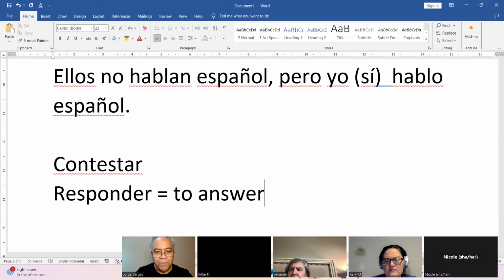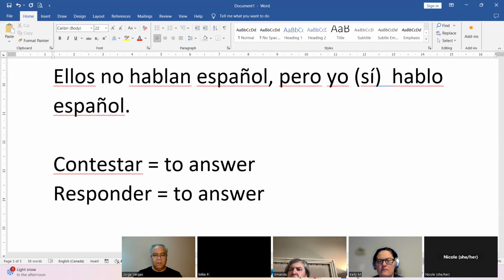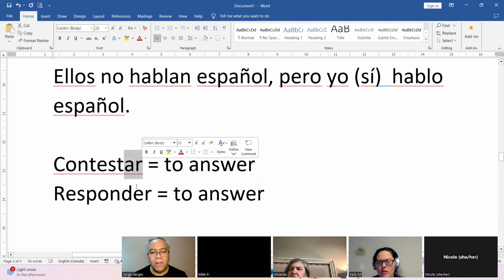It's an ER verb. So don't be tempted because you did so well with contestar. Yo contesto, tú contestas, usted contesta, etc. Responder, to answer. Contestar is also to answer. So we have a synonym, contestar, responder. Both are interchangeable. But what is the problem? One is AR, the other one is ER.